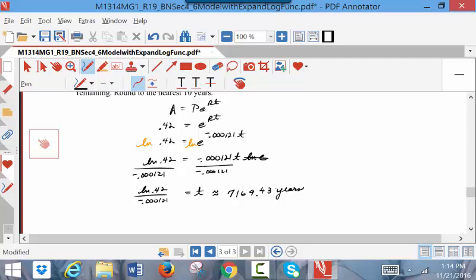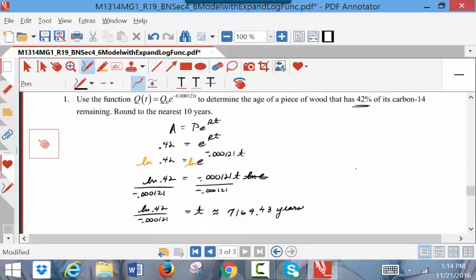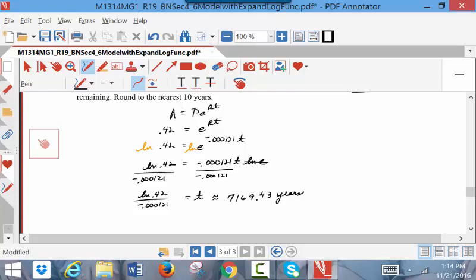Wow. 7,000 years old. Does it round to the nearest 10 years? Oh, okay. Well, if I round it to the nearest 10 years, it'd be 7,170, right? Be sure you enter the natural log of 0.42, hit enter, then put divided by.